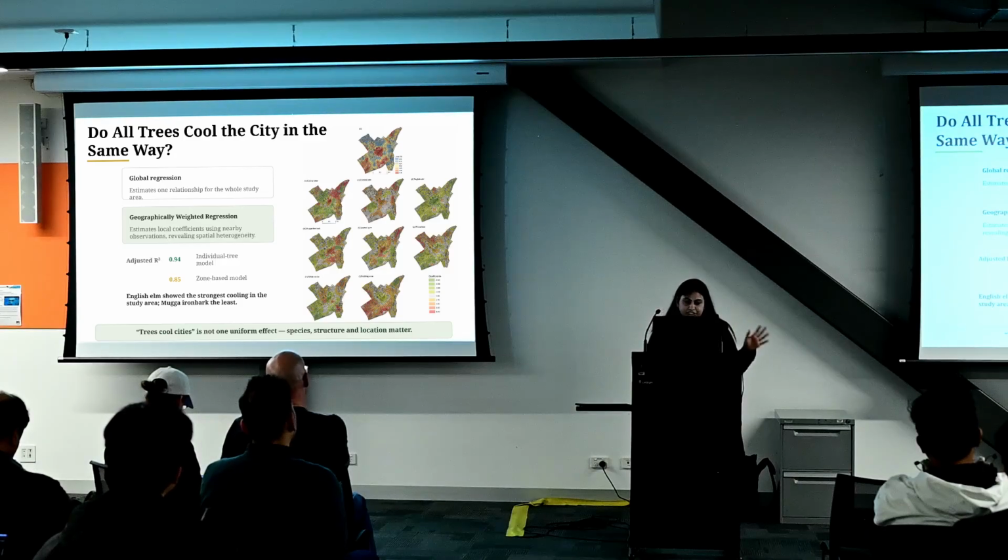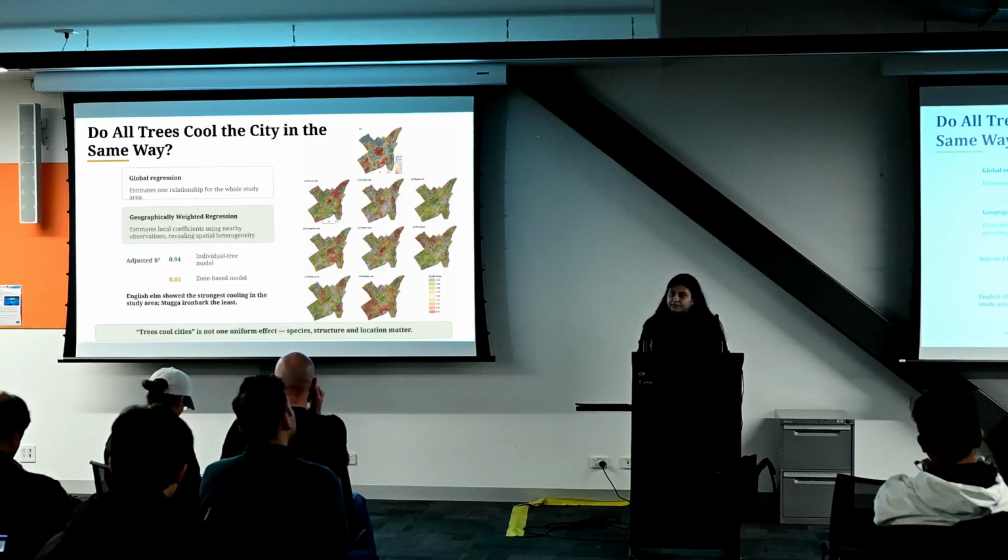GWR in my model 1 told me that trees explained 94% of the variation of land surface temperature in Bentico. But when I looked into the zone-based model, it became 85. The cool part about using GWR is, I'll go to the next slide.